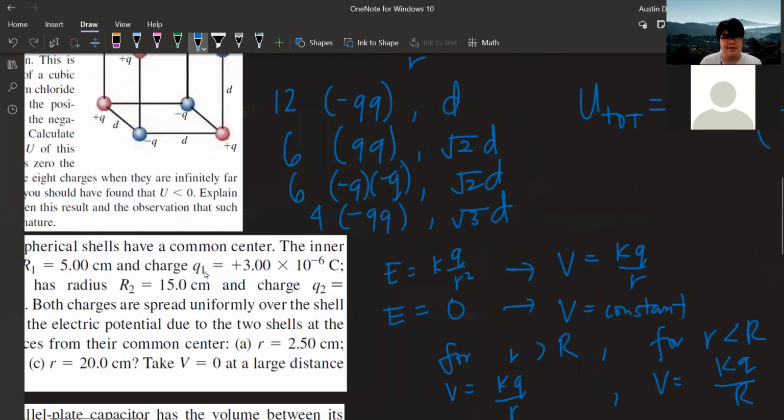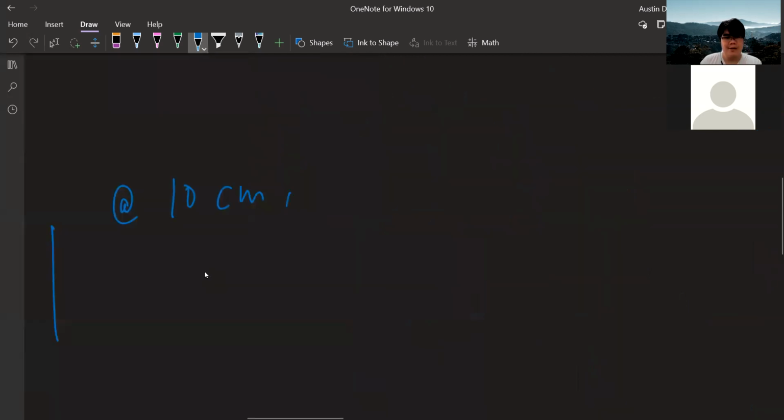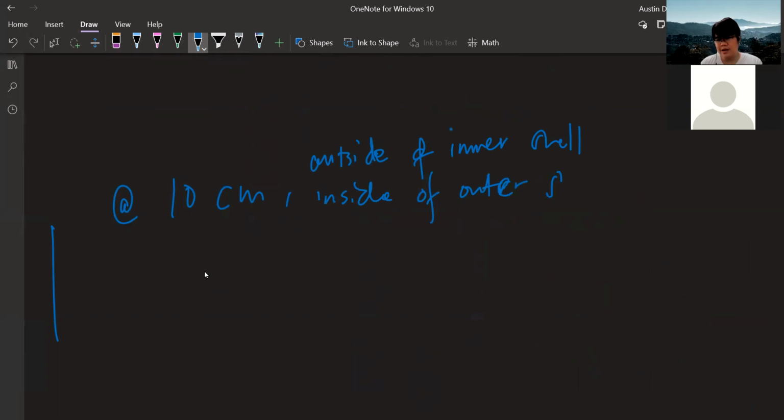Okay, nakakalito yun. So let's write it down. We are outside of inner shell and inside of outer shell.